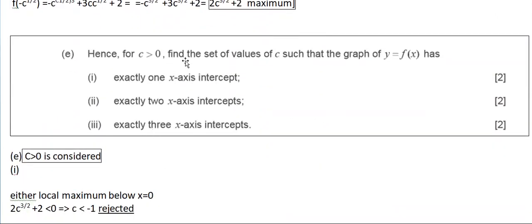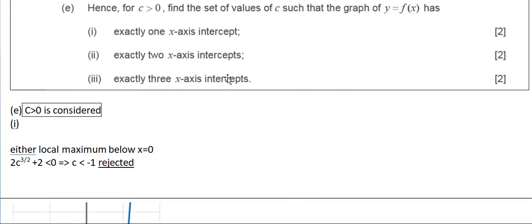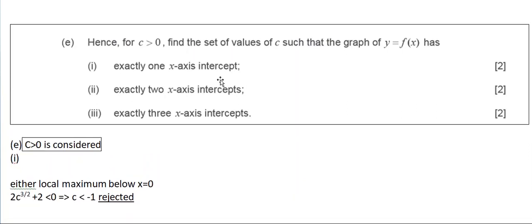Hence, for c more than 0, find the set of values of c such that the graph has exactly one x-axis intercept. So c equals 0 is dealt with, and c more than 0 is considered.